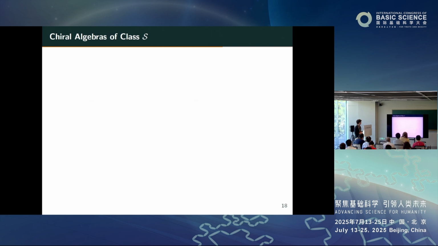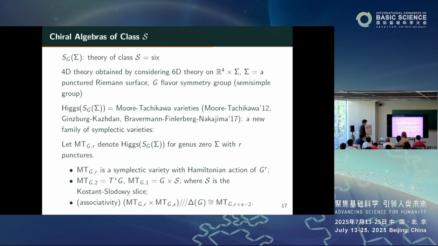So let me show some examples. For SL2, from this associativity, maybe it's difficult to see, but to obtain the Moore-Tachikawa varieties it's enough to find it for 3 points, because if R is 3, you can increase S by 1 using this associativity.